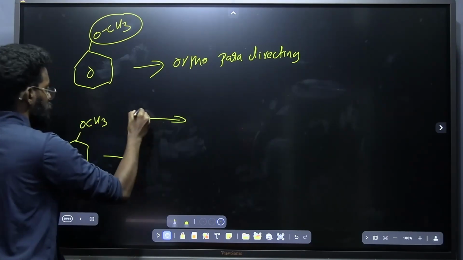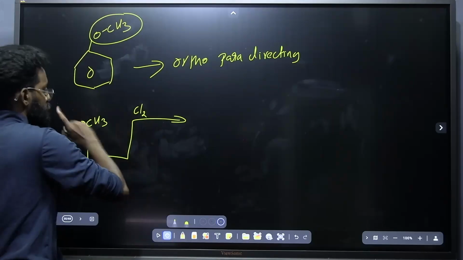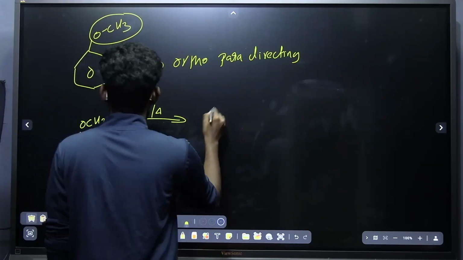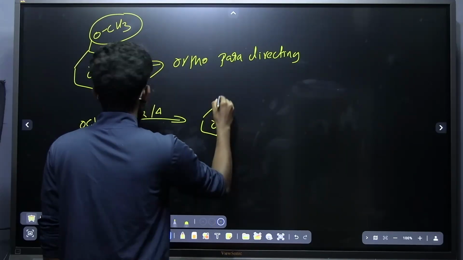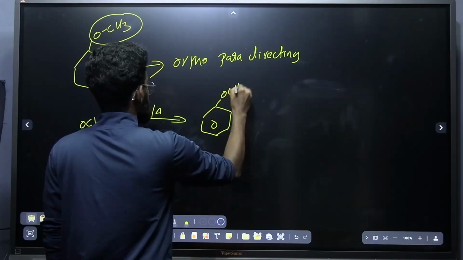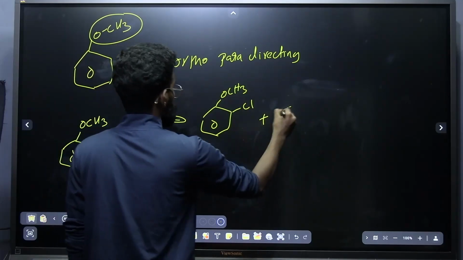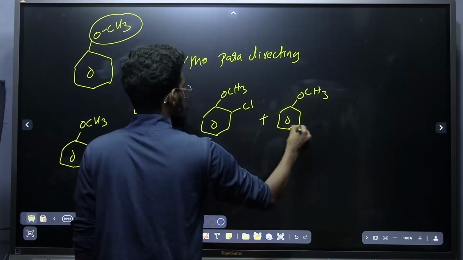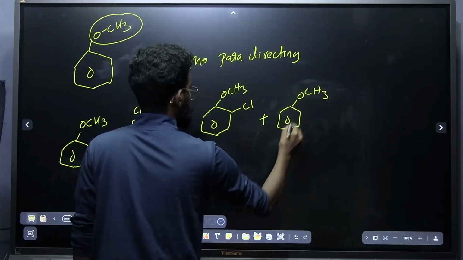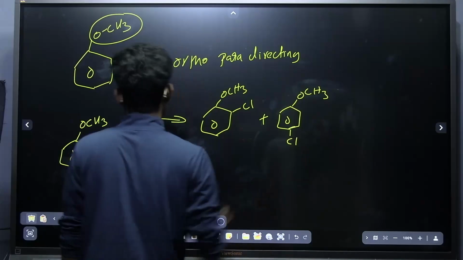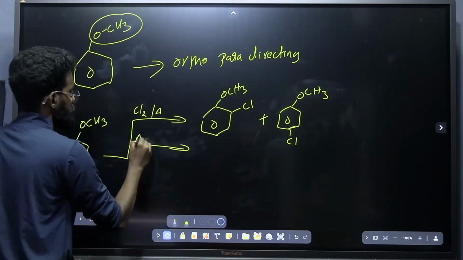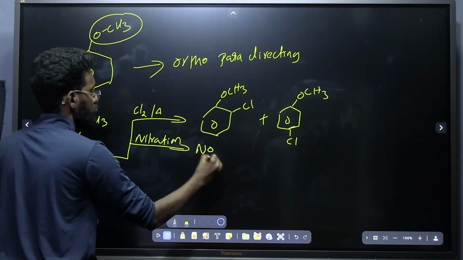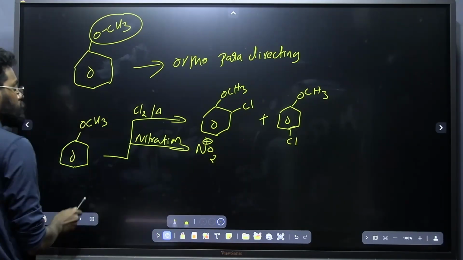If it is undergoing halogenation, that is Cl2, what is going to be the product? With OCH3, I will get Cl in the ortho and para positions. Now if I am doing nitration, what is the electrophile? I will get NO2 plus, and this NO2 plus is also ortho-para directing.